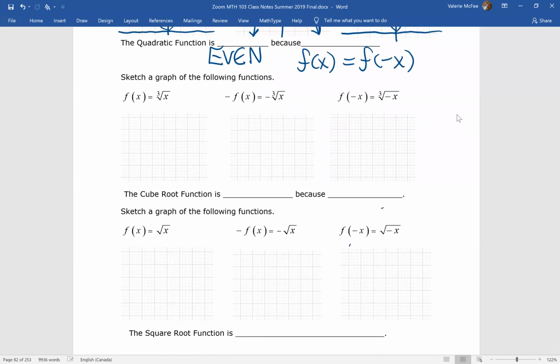So what about our cube root function graph? You know these key points. The negative outside means it's a reflection across the x-axis.